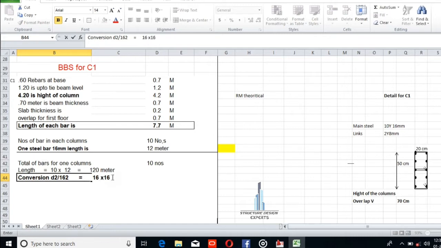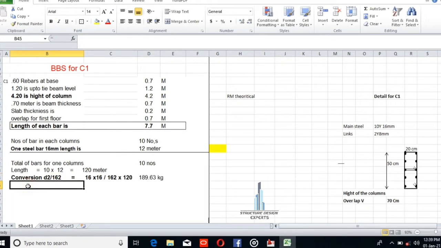If we use a 12 mm bar, the same process will apply. Now d square divided by 162 gives the weight of the bar per running meter. Per 1 meter it is 1.58.